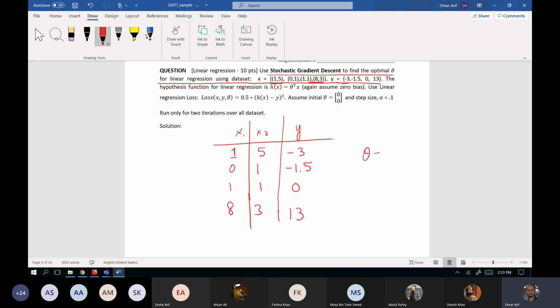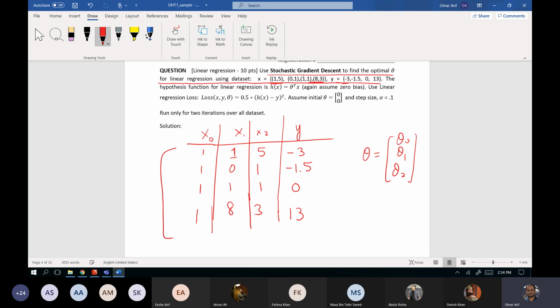And remember, parameters basically means I have to find theta 0, theta 1, theta 2. If I am using the vector notation, maybe I need to add the x0 term also, just for ease of computation. So it will be 1, 1, 1 for all cases. Okay, this is just the bias term.